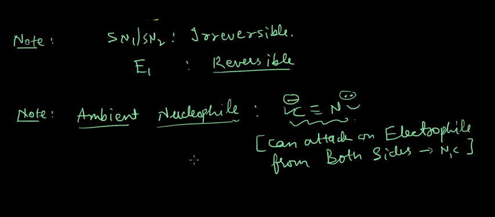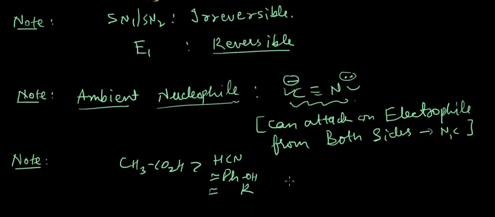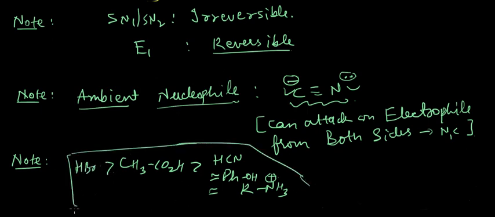Okay, so one more note here is, we just compared the acidic strength of acetic acid with the likes of HCN, phenol, and RNH3 plus. So I just want to say that the inorganic acid, which is HBr, is actually more acidic than these cases.